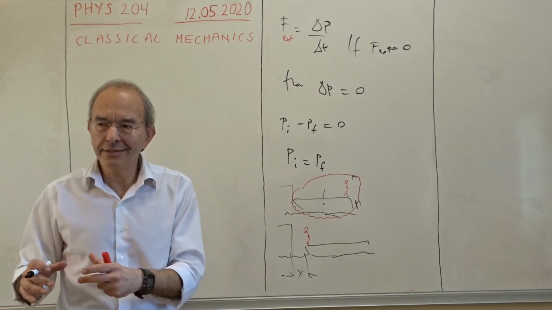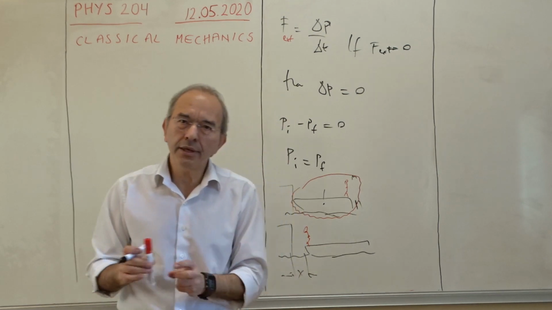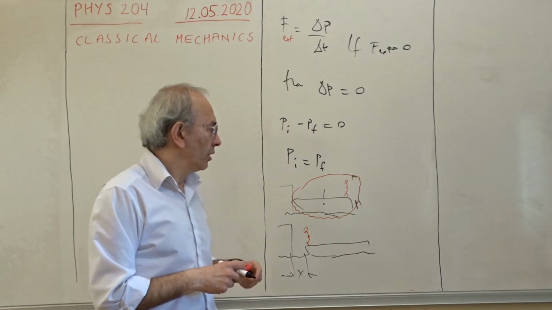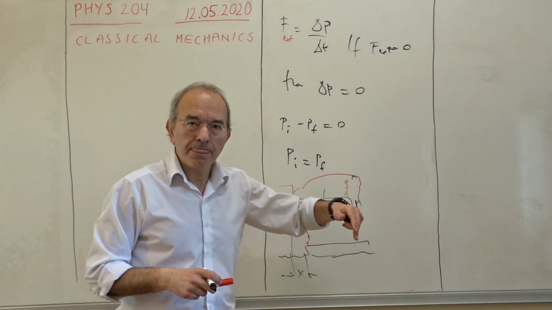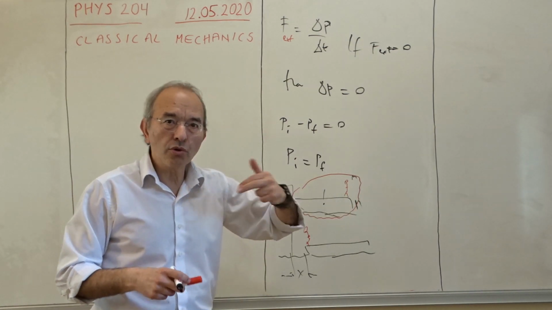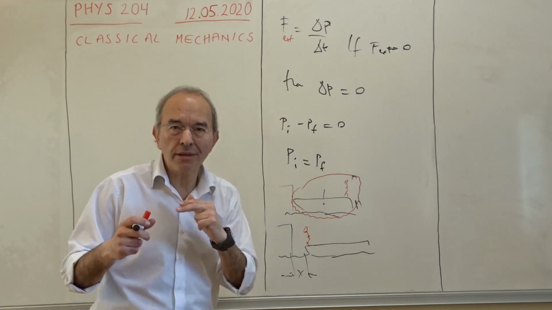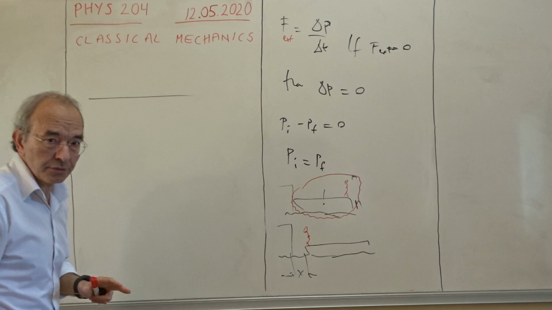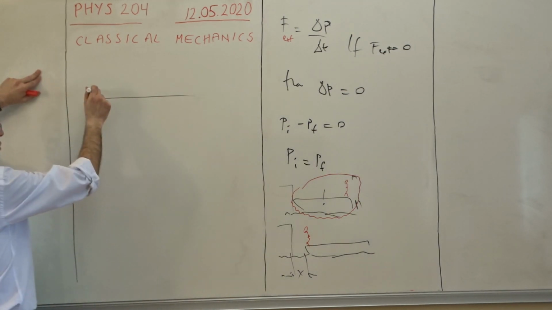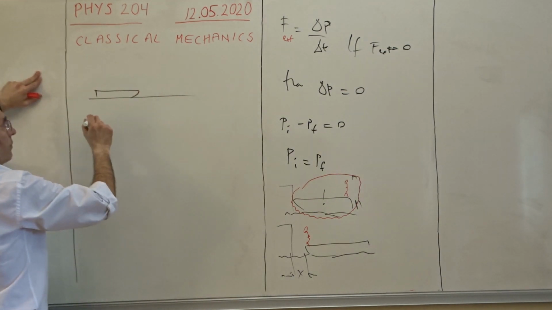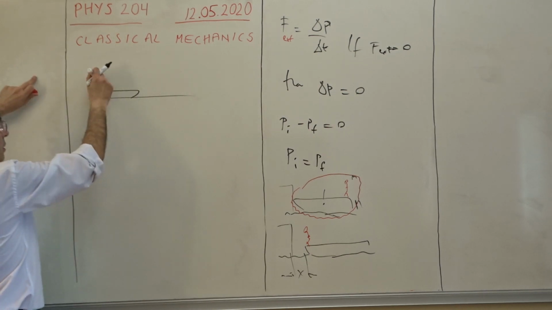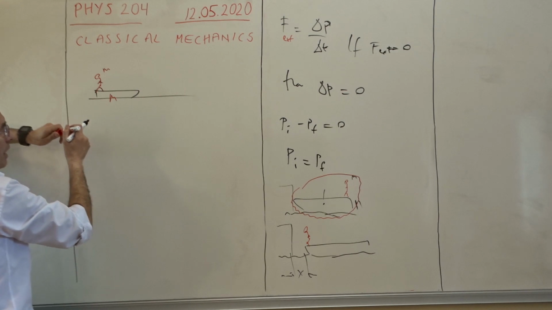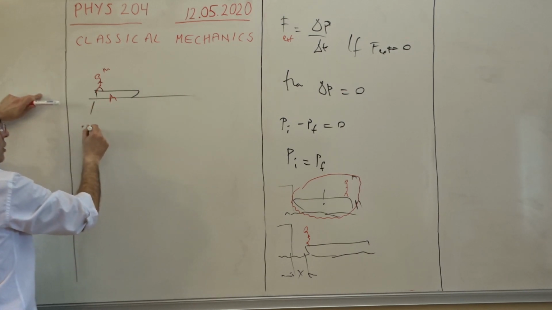Also, for some sled sliding on frictionless ice, if there's a person at the back and walks towards the front, of course that walk causes the sled to lose some speed. I've not solved it, but just remind you again. This is the beginning, so there's a sled and a person here. Person has mass little m, sled has mass capital M. This is frictionless ice.